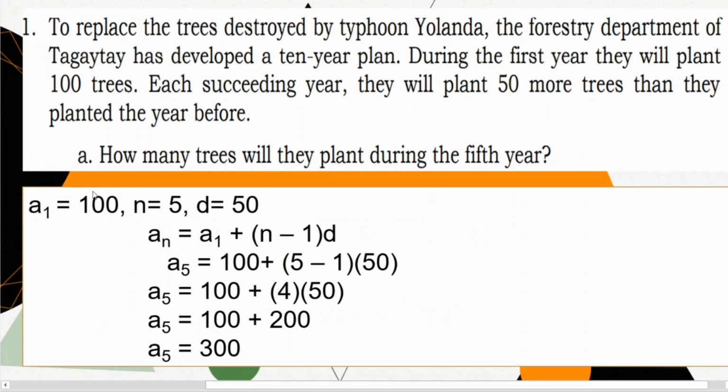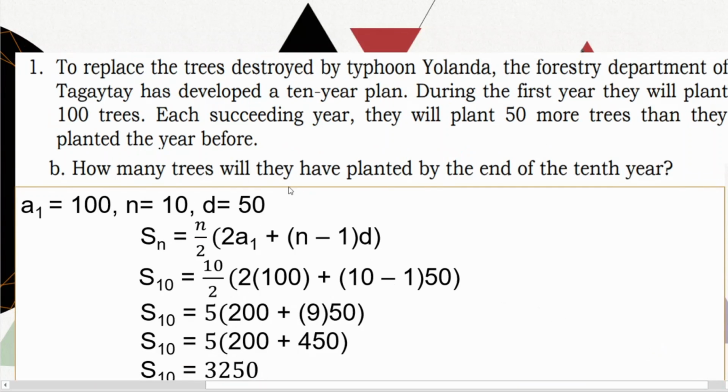So in here, the first term is 100, so 100 plus 5 minus 1 times 50. So 4 times 50 is equal to 200, plus 100, so the fifth term is 300. Then the next one is the total number of trees planted at the end of the 10th year.